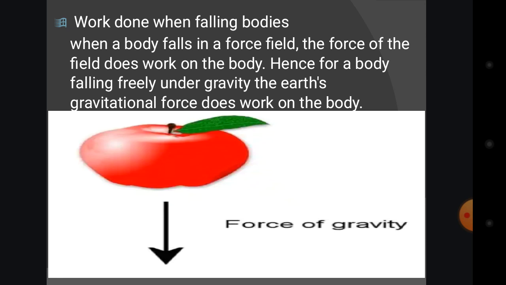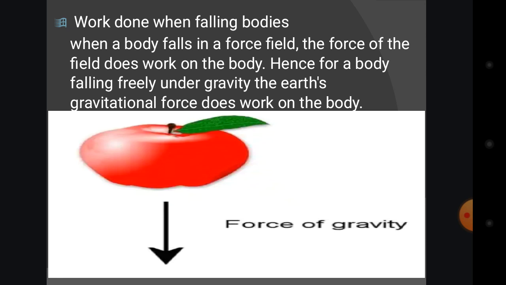So you see, normally when an object or a particle is falling down, that means it's not going against the force of gravity. It's coming down freely by itself. Maybe an apple. If you look at this example, it is an apple falling down freely. It is not going against the force of gravity. It's not trying to interact with the force of gravity.